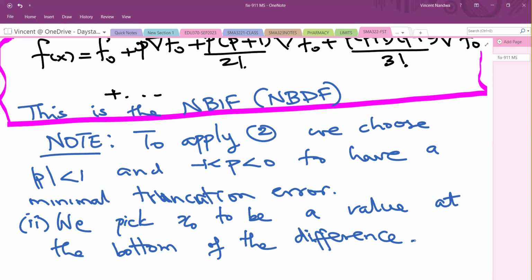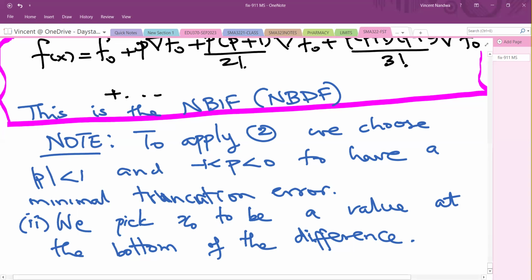So loosely speaking, the Newton backward interpolation formula is only applicable when you want to do an approximation or interpolation of a function for a value of x that is near the end or the bottom of the difference table, while the Newton forward interpolation formula is most suitable when you want to carry out interpolation of f of x for a value of x that is near the beginning or the top of the difference table.